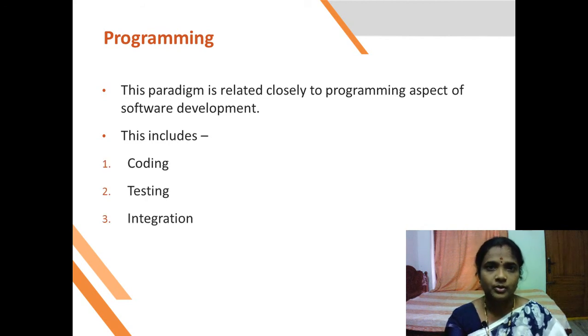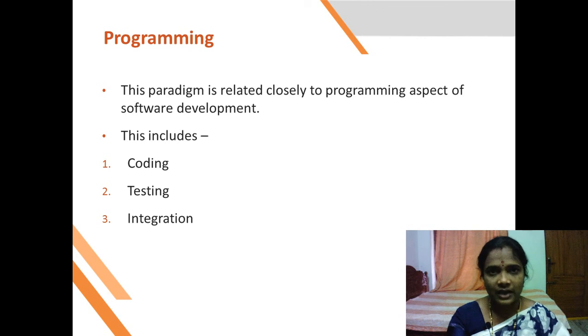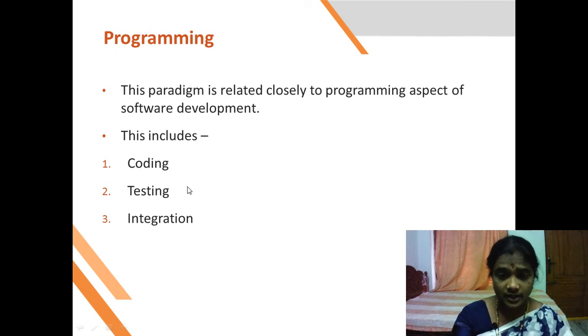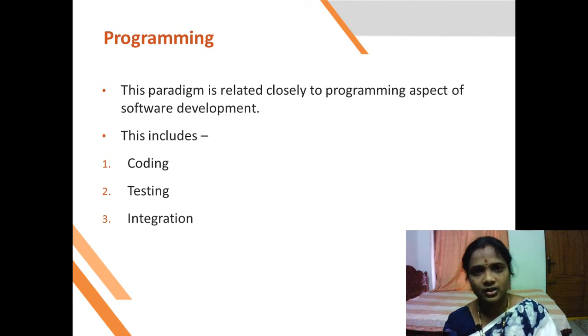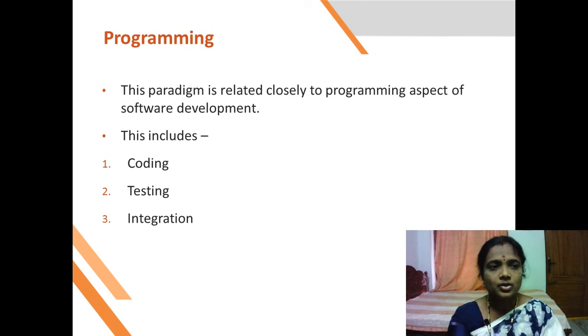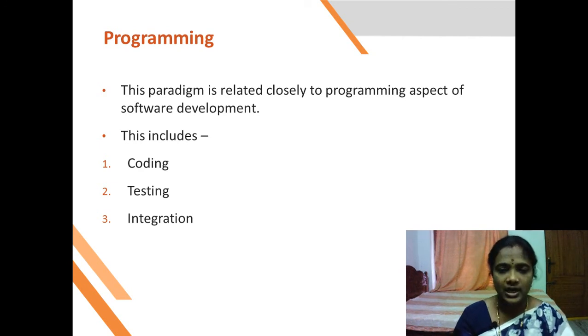We need to develop the code using programming languages, and we need to test. There are different types of testing techniques to follow in order to test whether all the requirements of the customer are satisfied, whether it is performing according to the client's requirements. We also need to do integration, combining the modules. These are all the activities done under the programming paradigm.